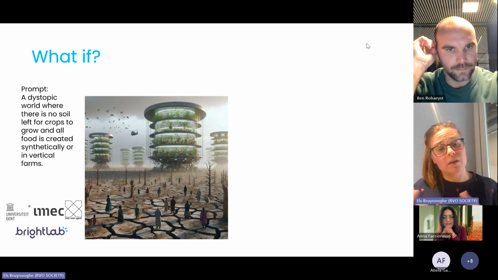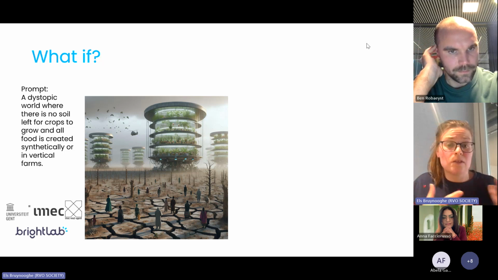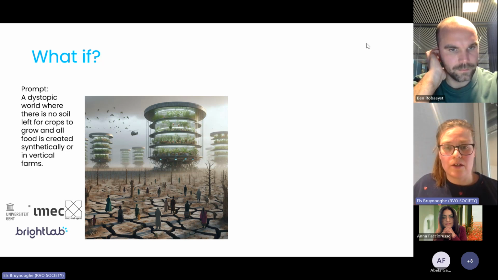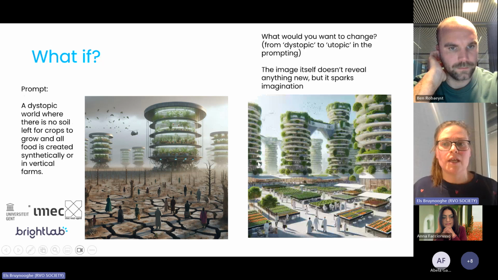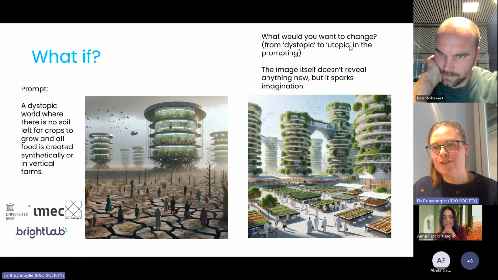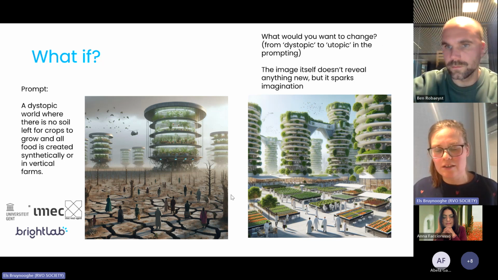Now you can ask students, what would you do to make this a reality, or to make this not a reality? I asked Copilot to do the same thing, and the prompt that I made, instead of using the word this topic, I changed it to utopic. And it's very interesting to see these images already, because basically there's no difference in this world.